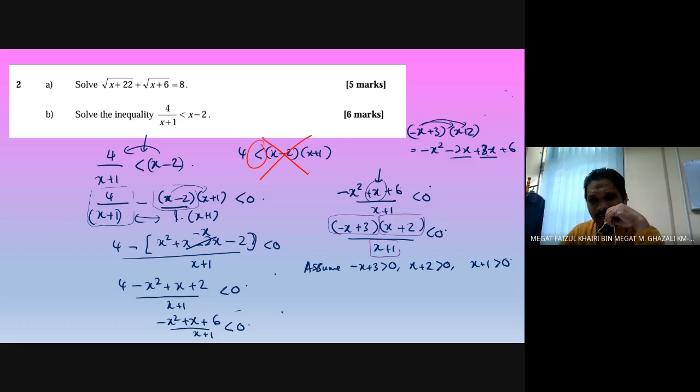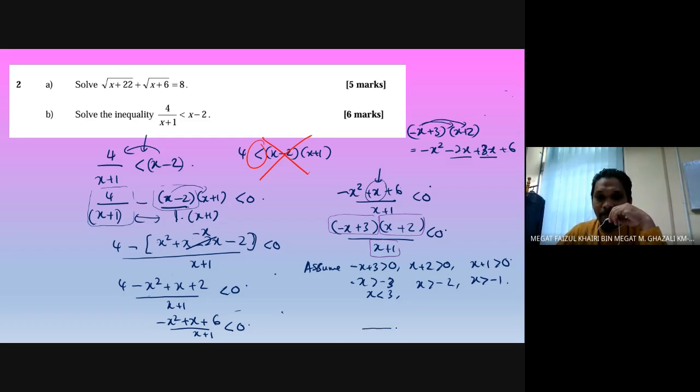We assume first, do not make a negative perception when we meet for the first time. So when we meet somebody for the first time, assume that he or she is a positive guy or girl. So then negative x greater than negative 3, then x less than 3, x greater than negative 2, and x greater than negative 1.